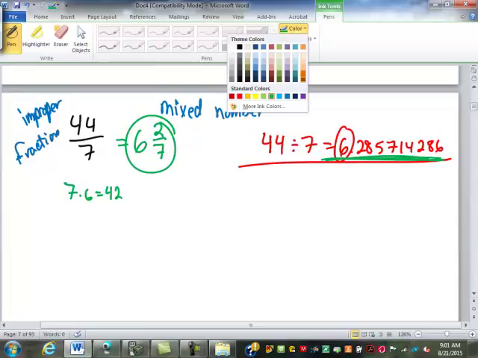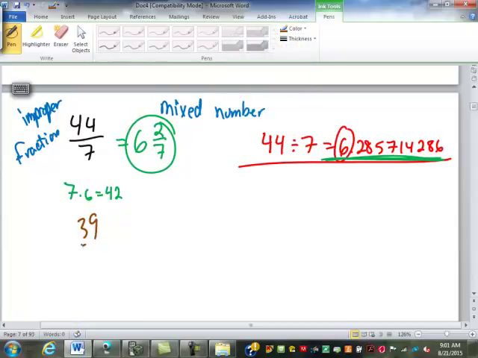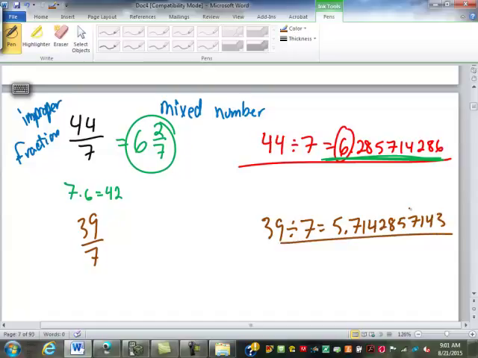Let's look at like 39 sevenths. If we divided that on the calculator, you get 5.71428574143 approximately. Does that mean that's 5 and 7 sevenths? No, it doesn't.